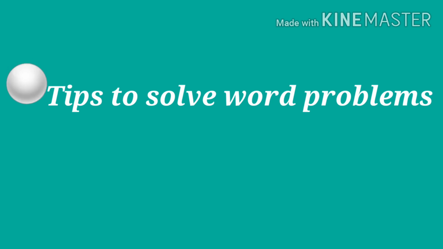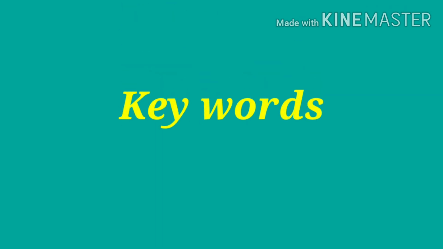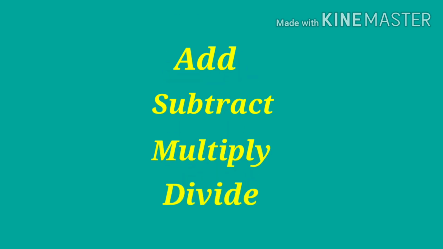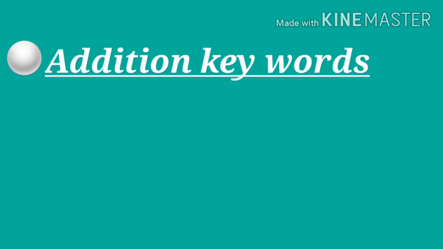There are some common words which can be seen in word problems. These keywords tell us whether we have to add, subtract, multiply or divide in the given word problem. Now we can see some keywords which are used in word problems. First, let us see addition keywords.